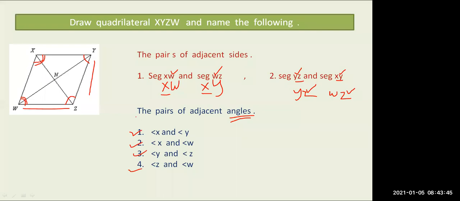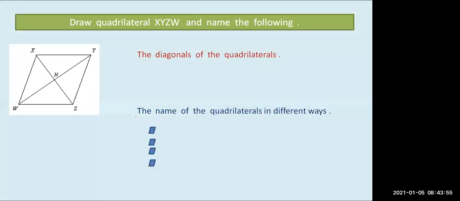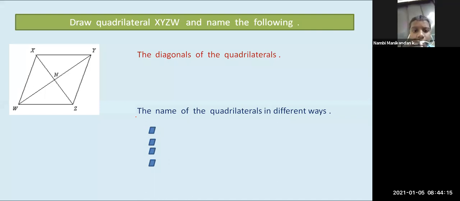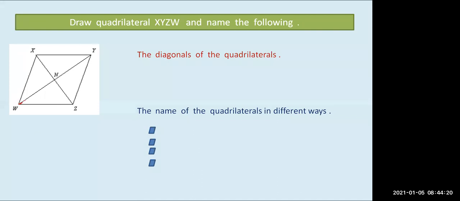So we have seen in quadrilaterals, we have seen opposite sides, opposite angles. We have seen adjacent sides, adjacent angles. Now we will see the diagonals. What are the diagonals? Tell me what are diagonals? टीचर, W हाँ और Y के बीच में एक लाइन है ना, हाँ, उसको डायगोनल्स बोलते हैं.